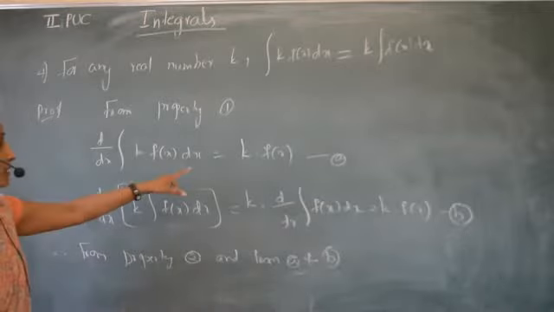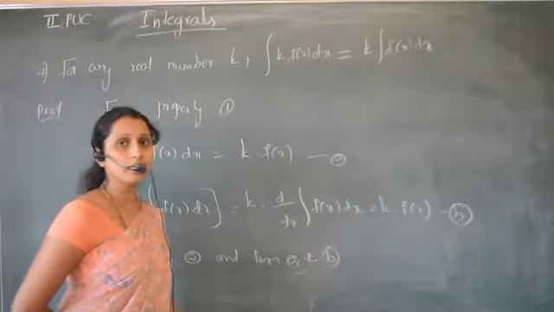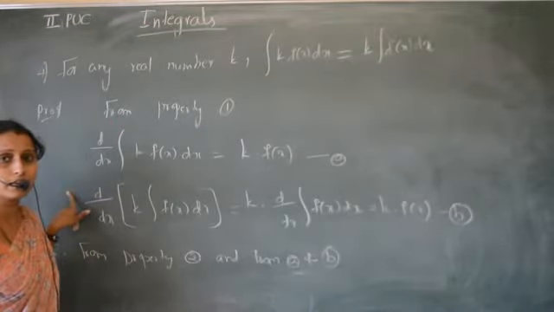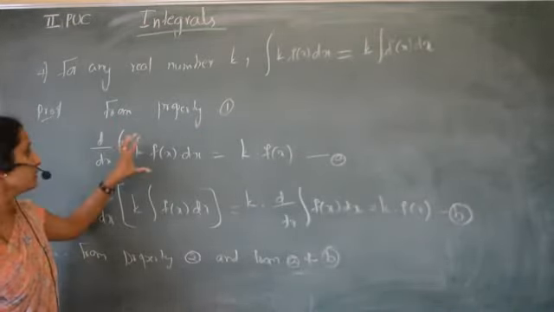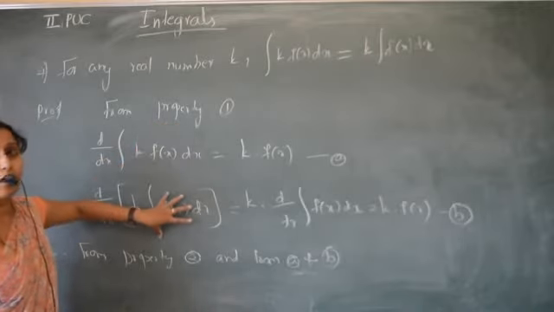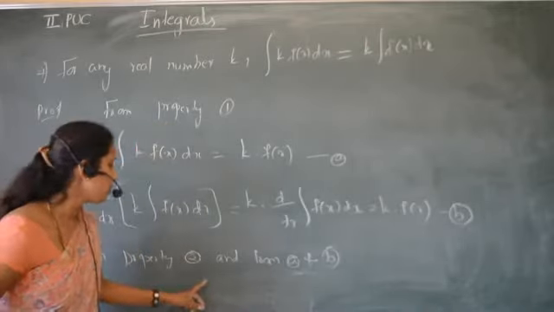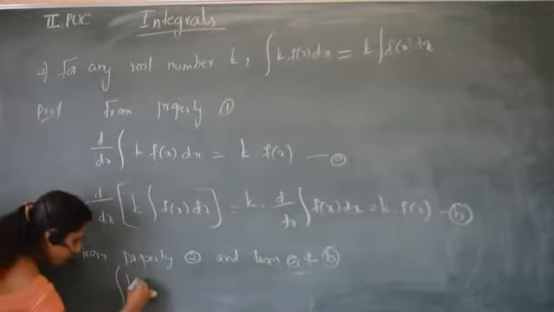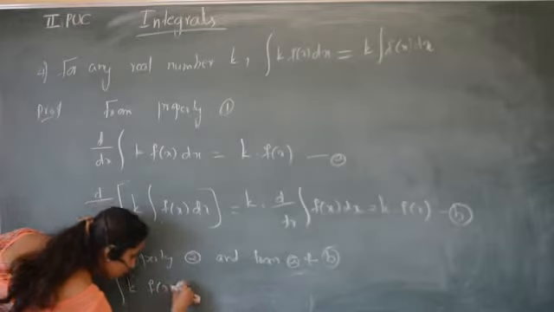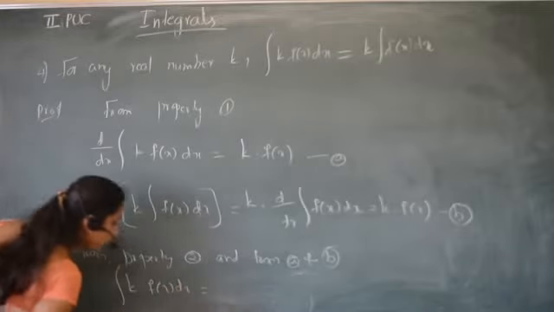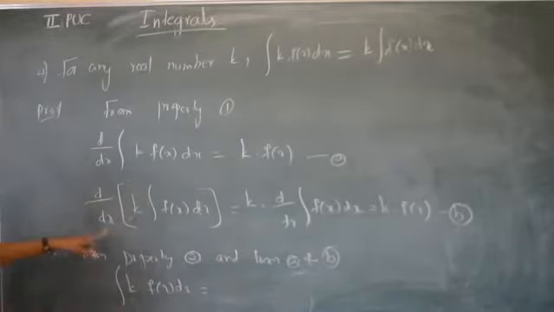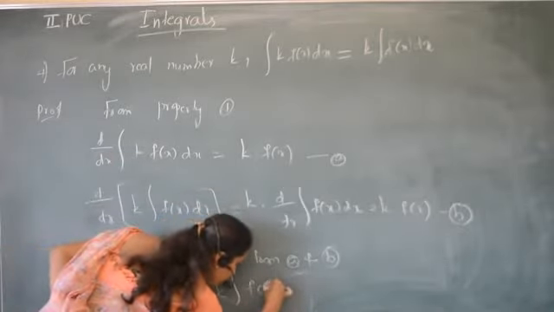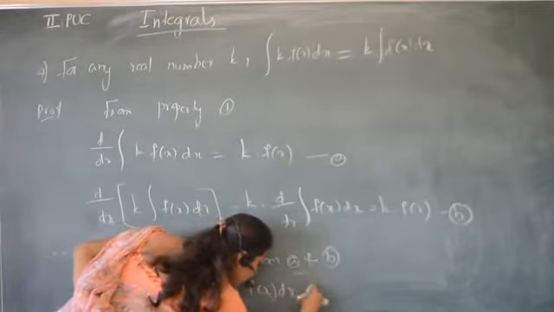So now since k into f of x are equal, the left hand sides are equal, so these two are equal in the sense derivatives are same. If the derivatives are same, then it represents the same family of curves. From 1 and 2 and from the property 2 we can write integral of k into f of x dx is equal to k into integral of f of x dx.